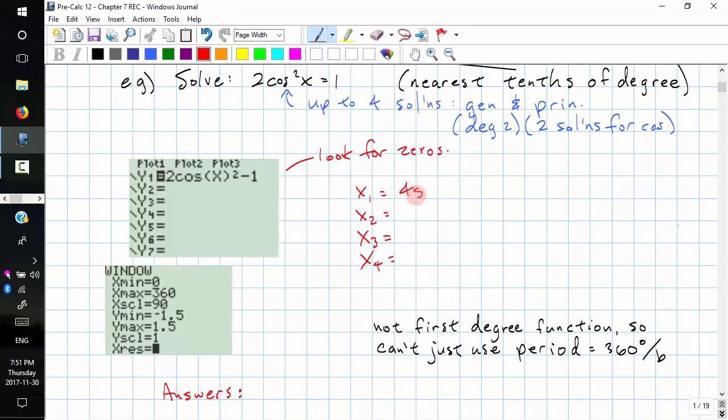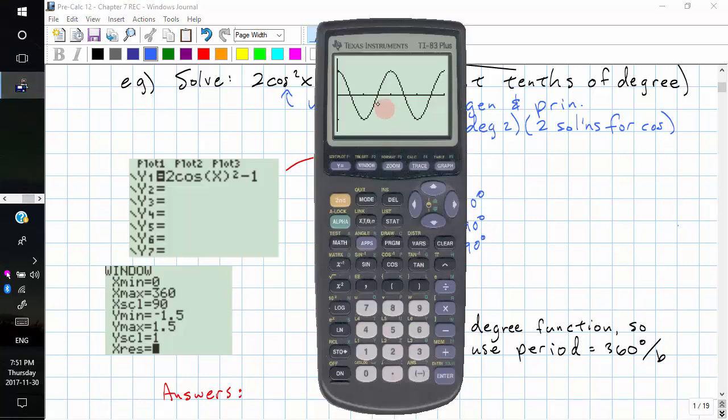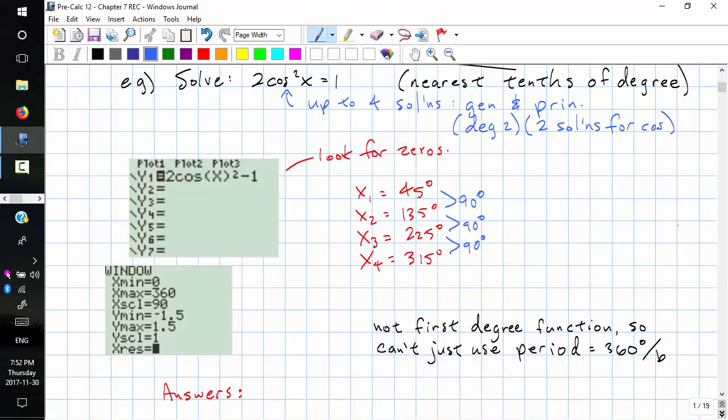Solving for it, we would get 45 degrees, 135 degrees, 225 degrees, 315 degrees. We take the difference of these, and it's 90 degrees. If we look at the graph, we also see that the pattern is right on the center line. So we have one general solution.